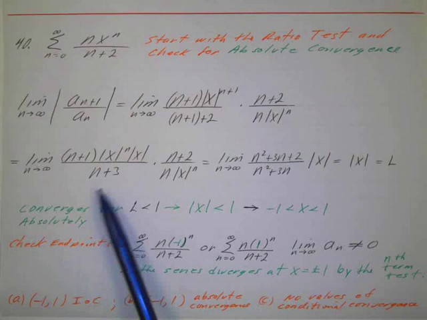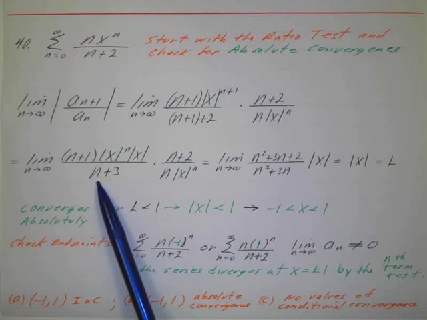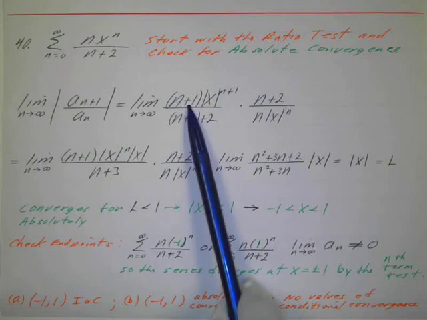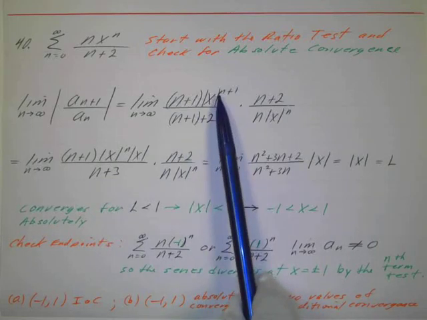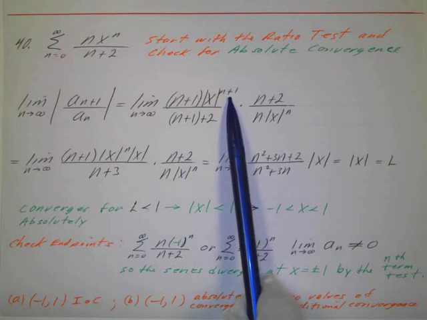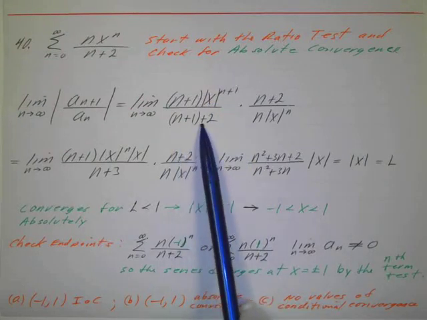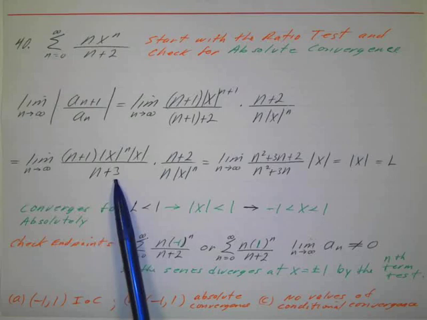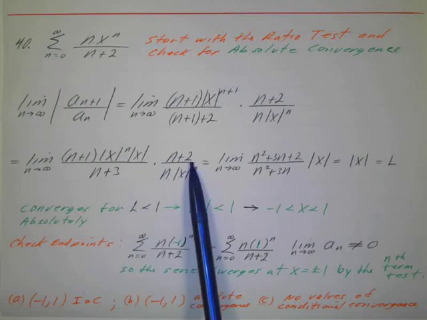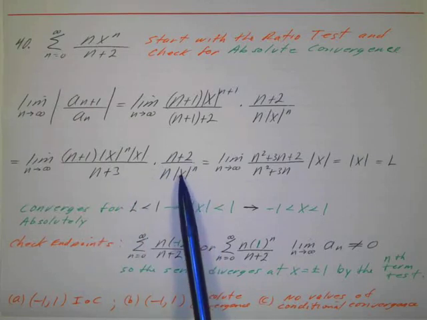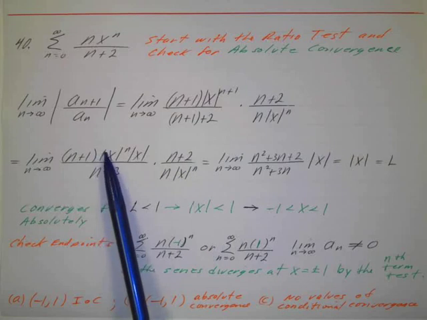Okay, and then we can check our simplification. This becomes n + 1 and then x^n times x to the first power, all over n + 1 + 2, which is n + 3. And this was the same. And we can cancel the x^n's.